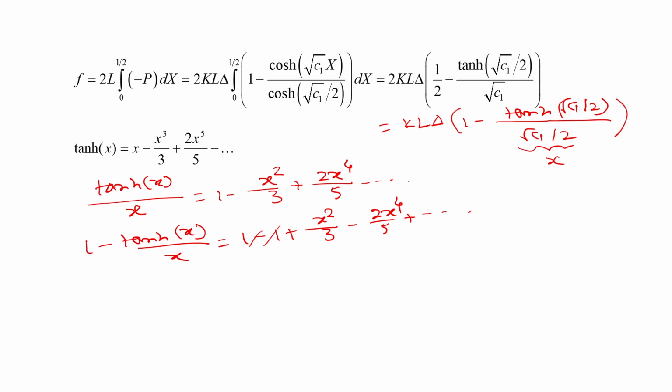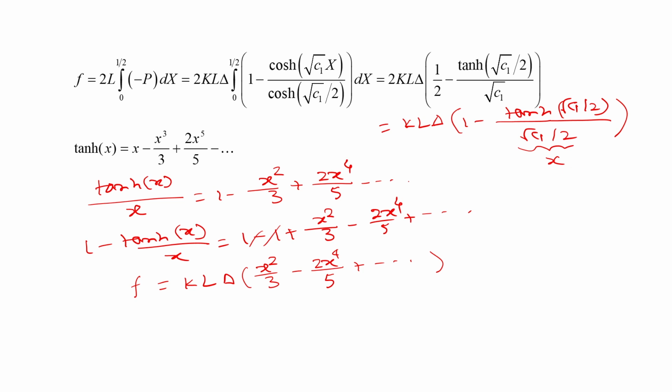Therefore, this f is equal to k l delta into x square by 3 minus 2 x to the power 4 by 5 and so on. Now, as you can see, x is square root of C1 by 2.